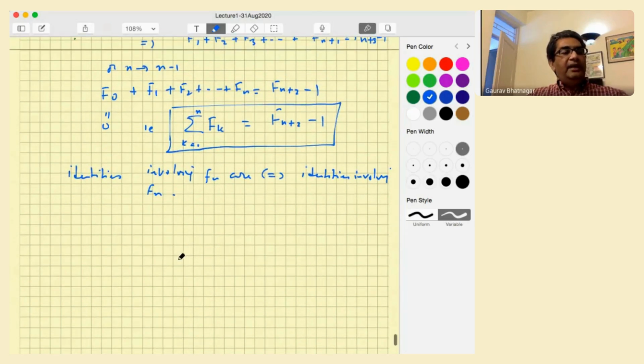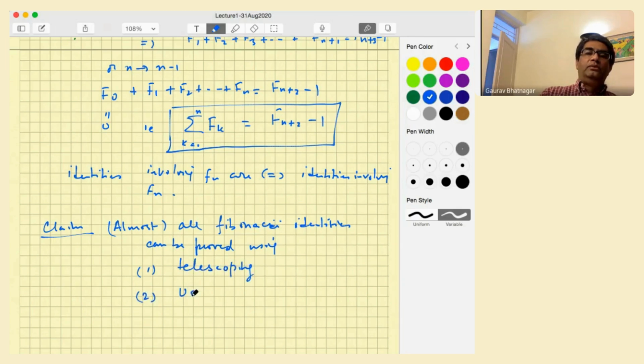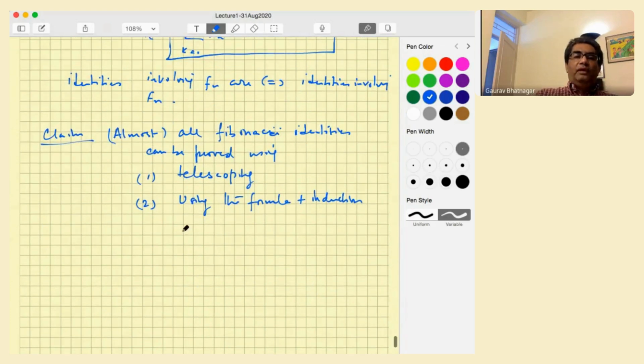Essentially, these identities can be proved trivially, actually, using one, telescoping, and two, using the formula plus induction. The formula is basically the formula we wrote.